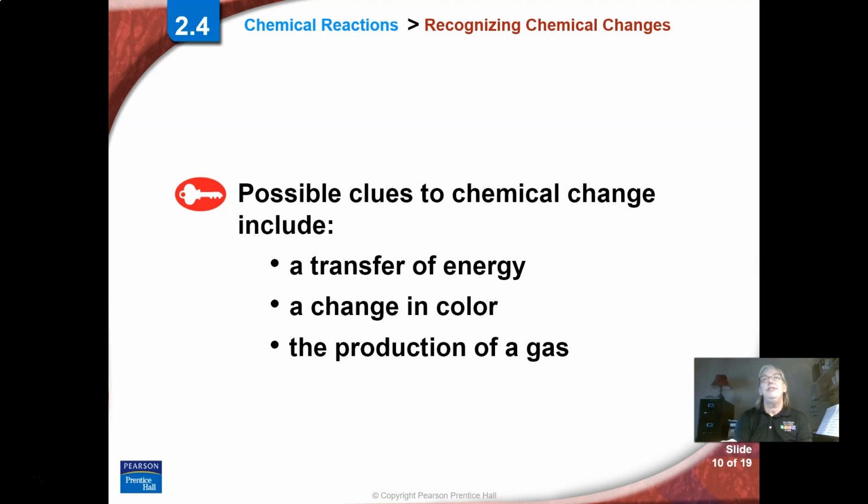If you see a gas, if you see little bubbles in your test tube, or bigger bubbles or foaming, that's making a gas, that's a chemical change. And if you make a solid when you put two things together, and your test tube gets cloudy, or you see pieces of something falling to the bottom, that's a precipitate. So that's a chemical reaction. Those are the 4 clues, and those are important.